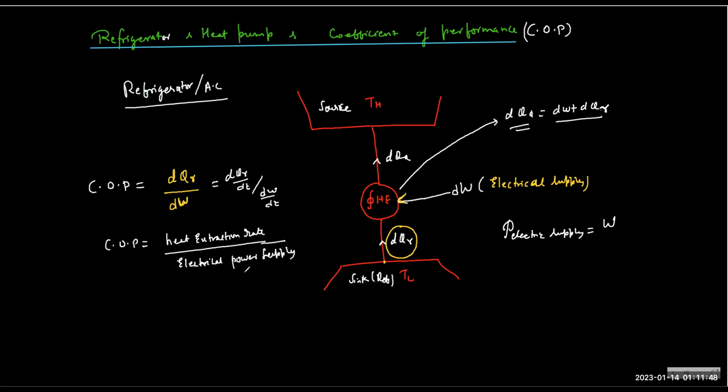Yes, sir. So either you can express in terms of energy or you can express in terms of power supply. You have to just divide by dt, both sides it is possible.